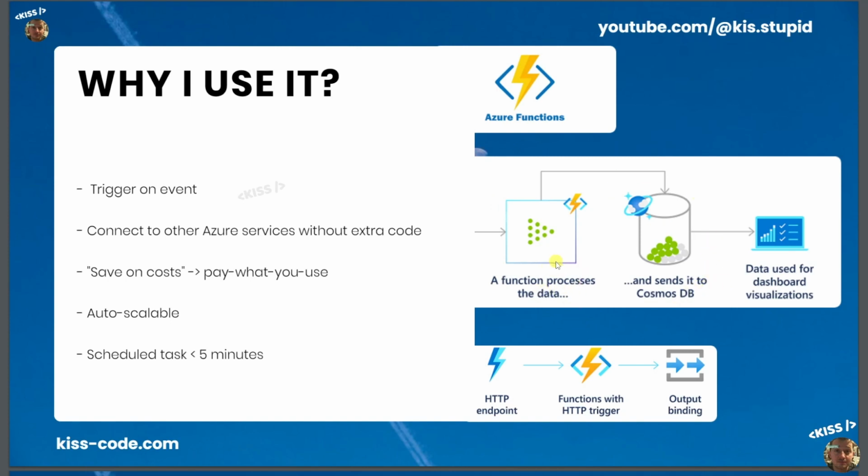In here you see a function processing data to format it in a certain way to then store it into the Cosmos DB. And then you can have a dashboard connected to that Cosmos DB to then, for example, display some kind of analytics or metrics.